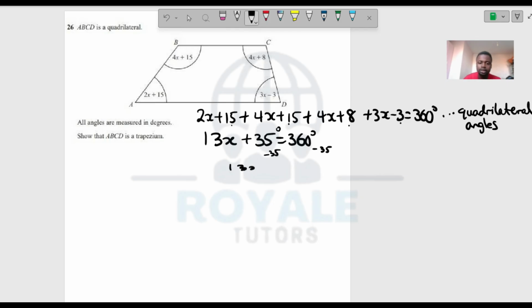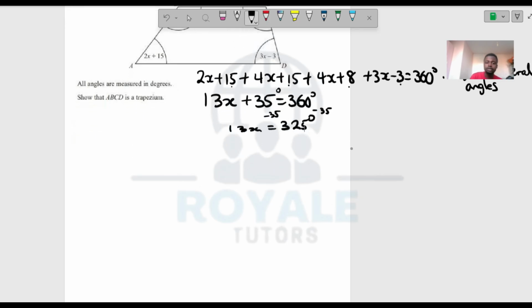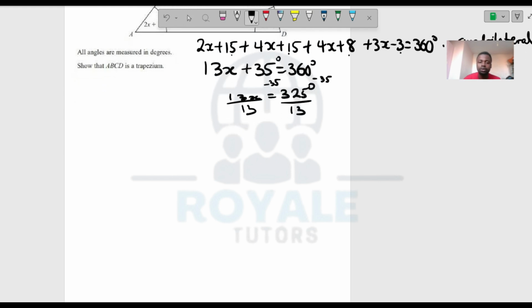So you have 13x is equal to 360 minus 35, which is 325 degrees. Now divide both sides by 13, and you should get the value of x. That is 25 degrees. Yes, x is 25 degrees.